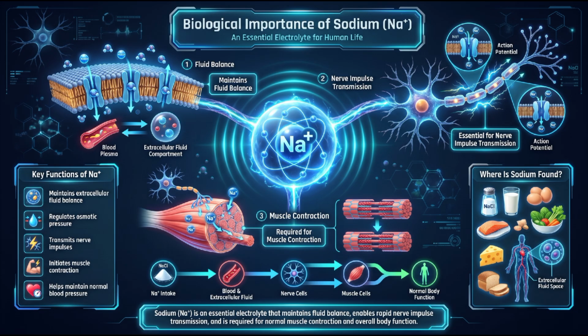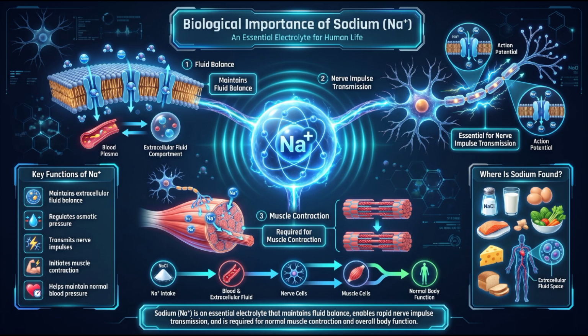Although sodium is essential for health, both deficiency and excess can cause serious problems. A deficiency of sodium, known as hyponatremia, may occur because of excessive sweating, prolonged vomiting, severe diarrhea, kidney disorders, or excessive water intake.